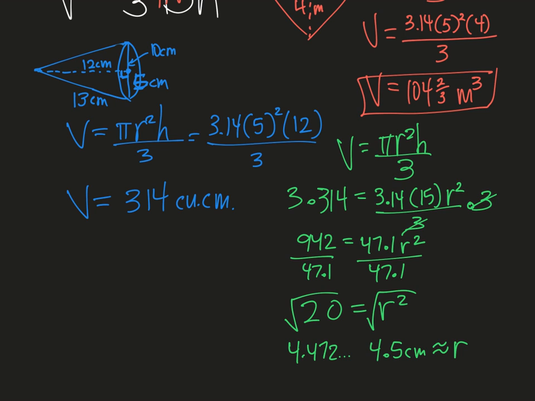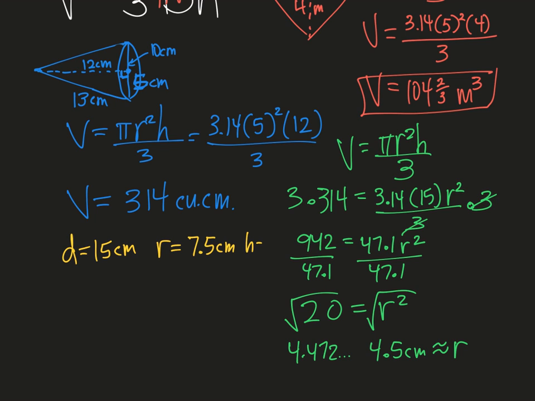Let's keep the same volume, and this time say that what we want is a cone with a diameter of 15. Let's just change colors. So now the diameter equals 15 centimeters. Well, first of all, that means that the radius equals 7.5.